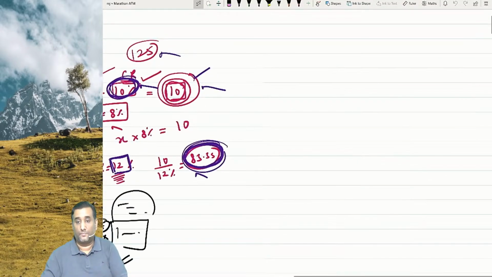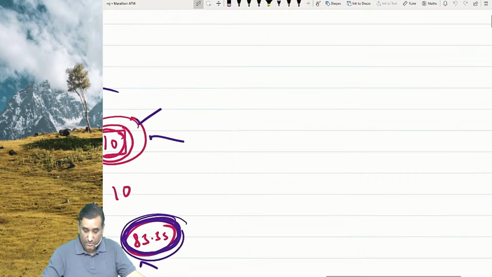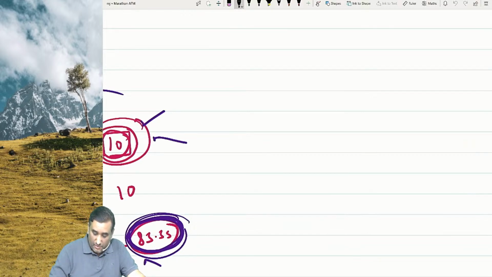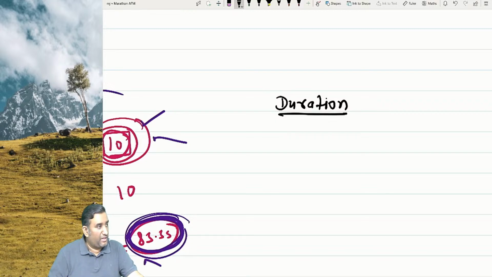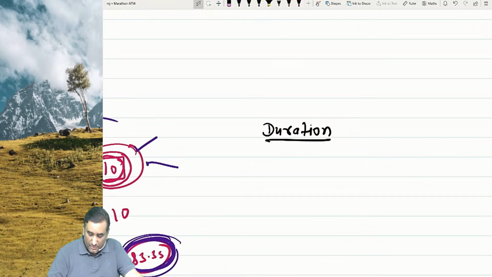Duration could be done in different ways. It could be the time period in which reinvestment risk and price risk cancel each other out. There are calculus-based formulas, but from the exam perspective, the way of doing it is very straightforward. You can imagine it as the time period in which money would be recovered.